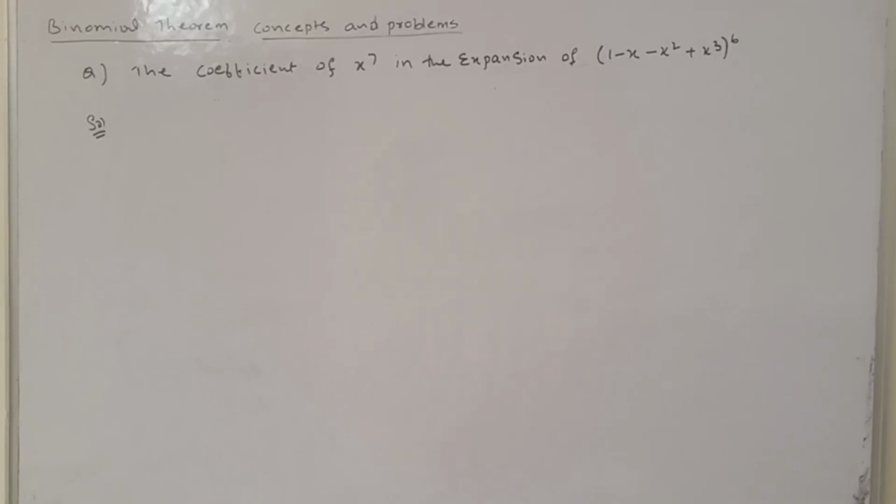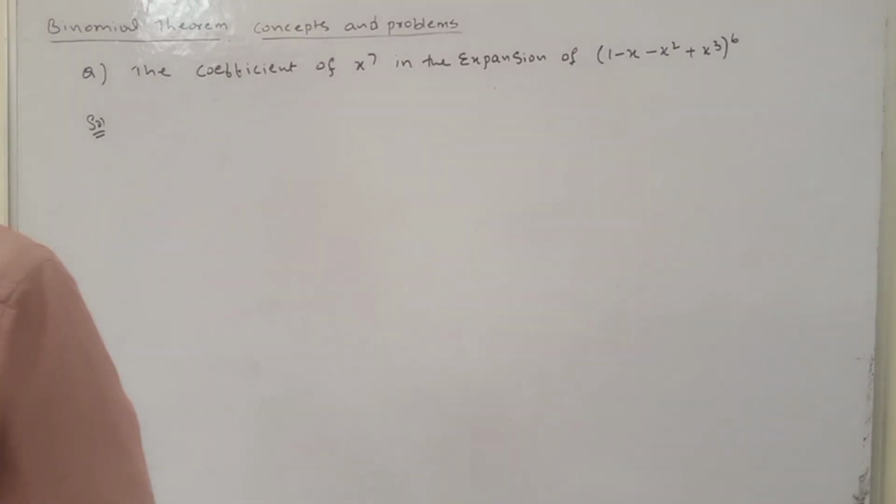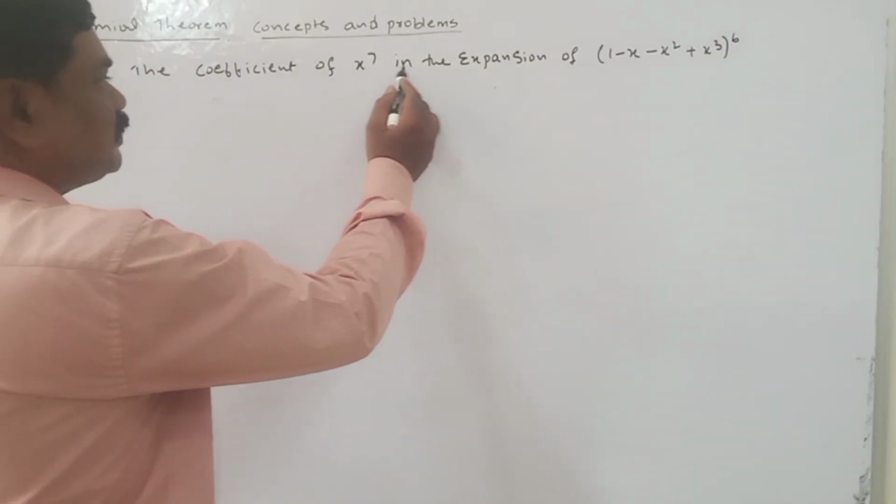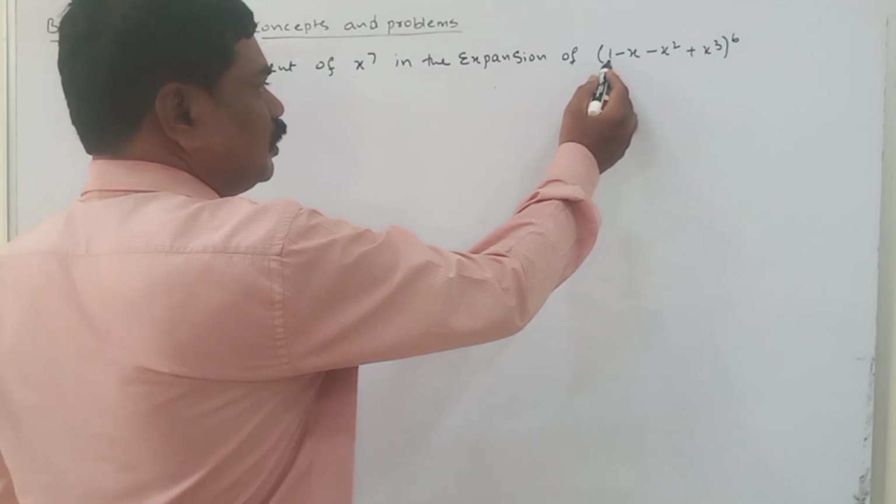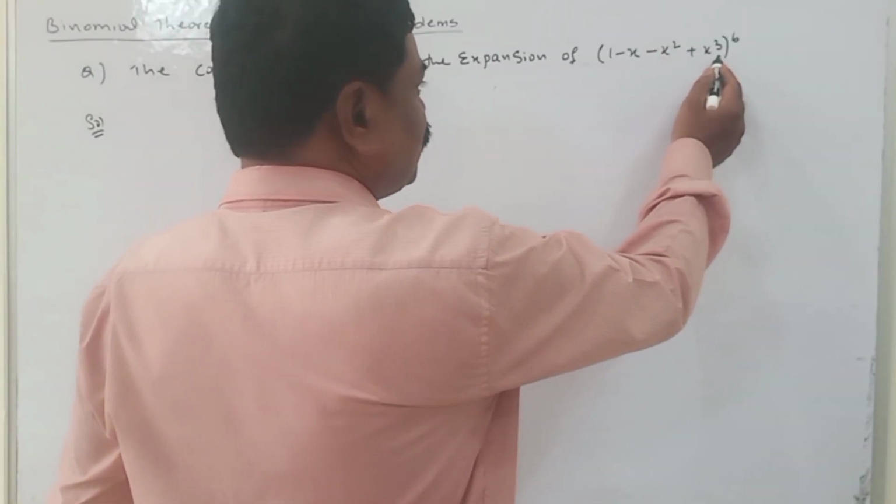Here we have one more problem on the binomial theorem. The coefficient of x power 7 in the expansion of (1 minus x square plus x cube) whole power 6.